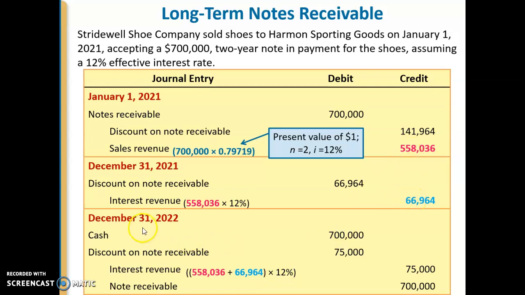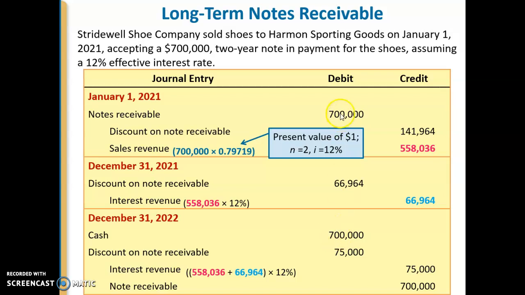So interest revenue for 2022 is 12% times 558,000 plus 66,964, and that calculates to $75,000 of interest revenue in the second year. Credit interest revenue and debit the discount on notes receivable, and we're getting paid at the same time.